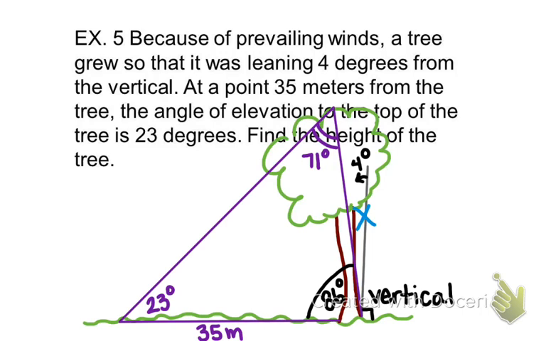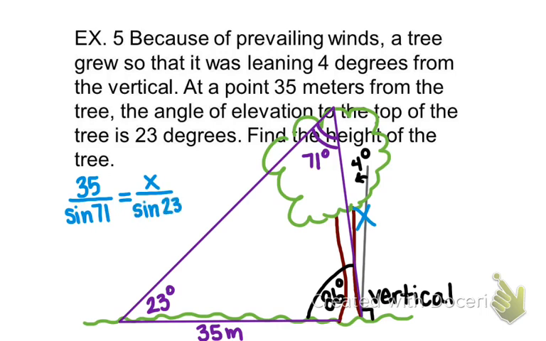So we're going to use the law of sines. In order to use the law of sines, you have to have a side and an angle that are opposite from each other. So that's the 35 meters over 71 degrees. So 35 over sine 71, and we're going to set that equal to the x that I'm solving for over the sine of 23.